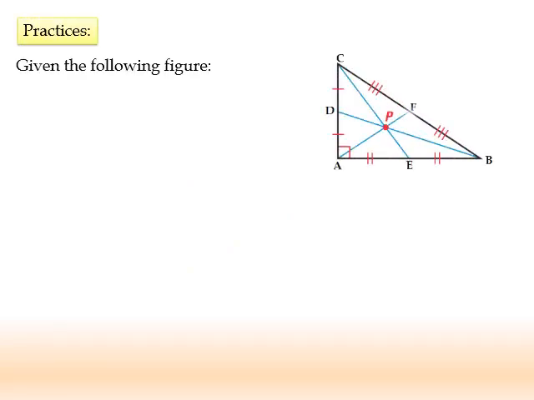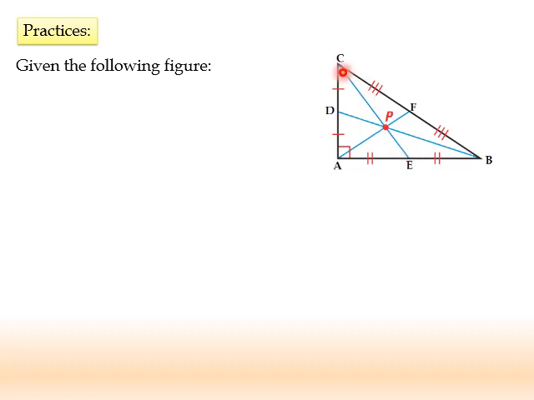Let's practice together before giving you a homework. Given the following figure, if I look well at the figure, here we have triangle CAB. Given that CF equals FB, then F is the midpoint of BC. CD equals DA, then D is the midpoint of CA. And AE equals EB, then E is the midpoint of AB.